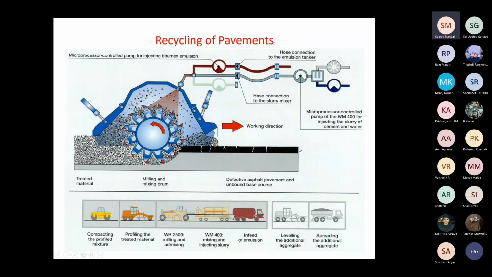This is the treated material, milling and mixing drum, defective asphalt pavement and unbound base course. So in this, the compacting, profiling the treated mixture, milling and admixture, milling and injecting the slurry, then infeed of emulsion, then leveling and then spreading the additional aggregate.